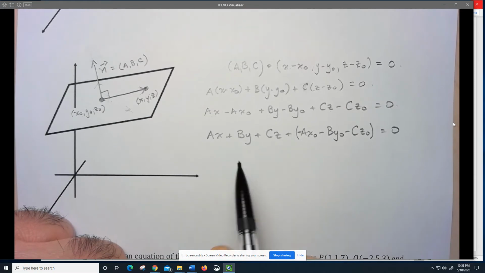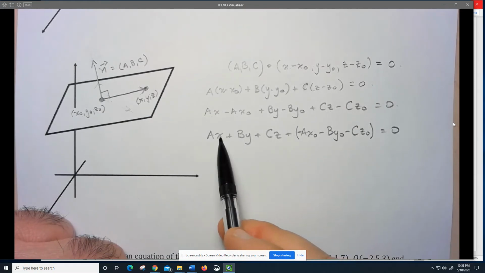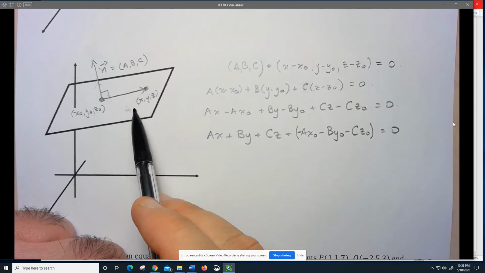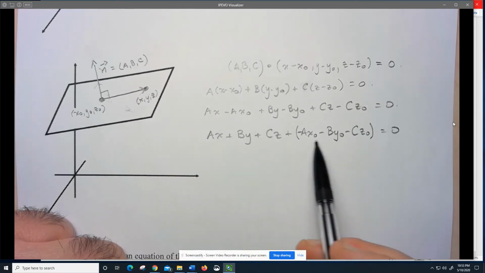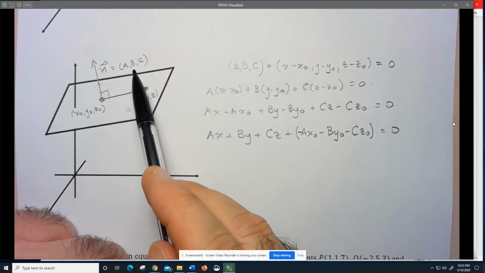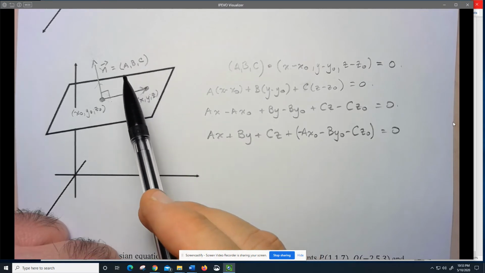This is when I realized, well, wait a minute, x, y, and z, those represent variables because they're the components for the general point on the plane. But a, b, c represents the components of the normal vector, which is something that has to be known.